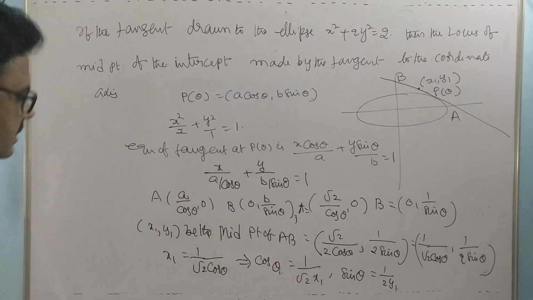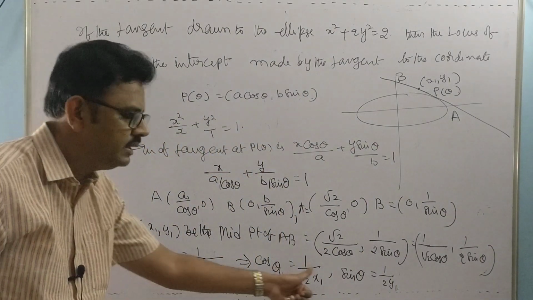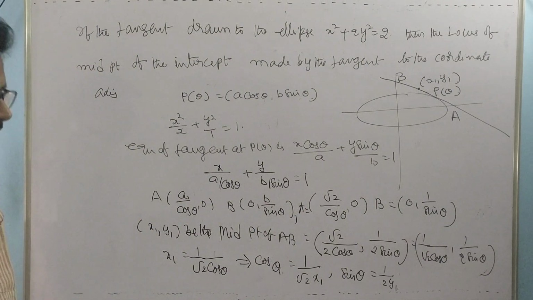So by eliminating theta, meaning squaring and adding, we get the locus.